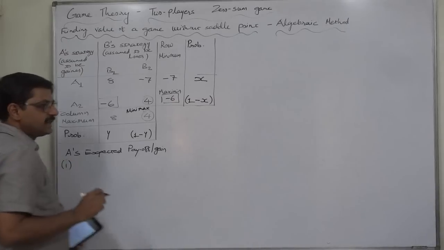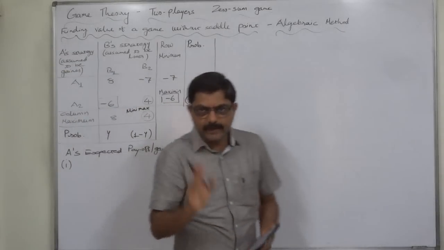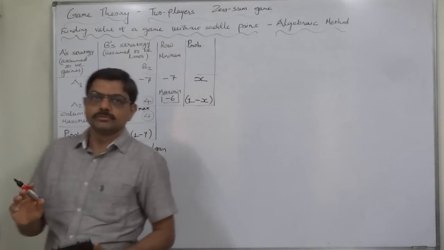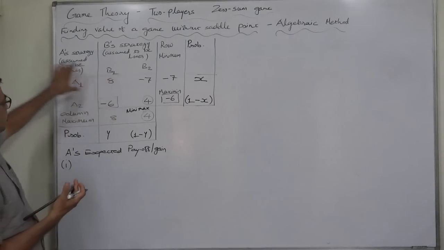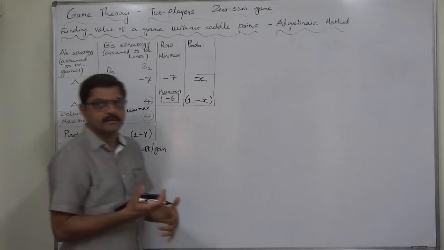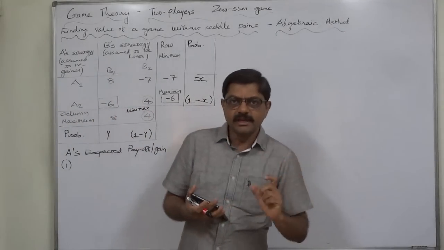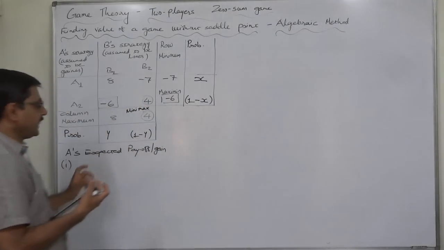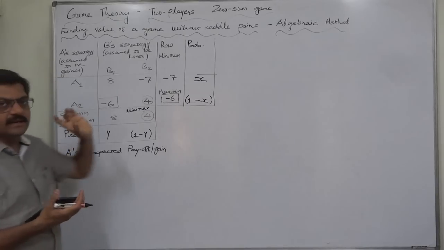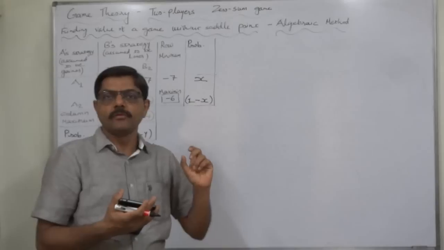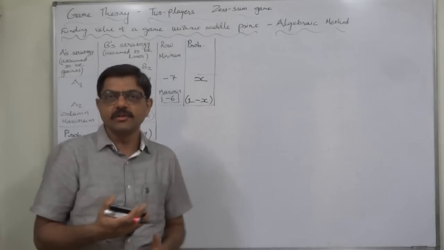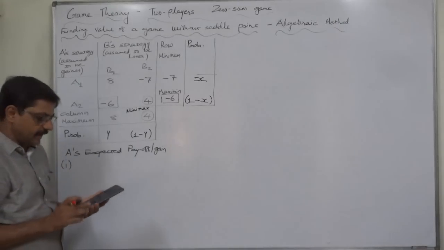But the main thing is the expected value in both ways should be the same. And since A is the gainer, we believe that A's expected payoff would be greater than or equal to the value of the game.